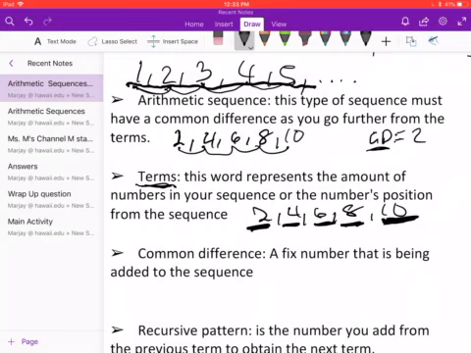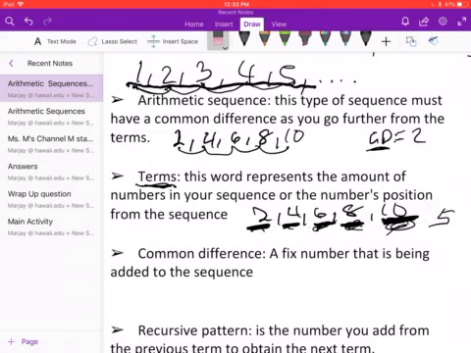Or what if I ask you, how many terms are in this sequence? It's 5 terms because there are 1, 2, 3, 4, and 5 terms.